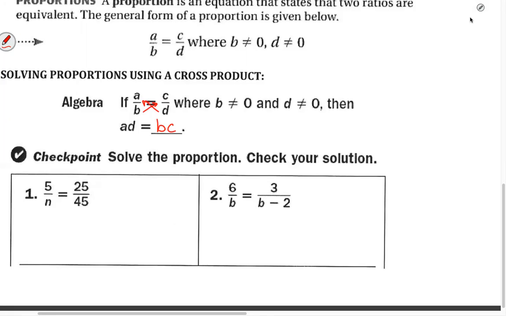So here's how we do it. N times 25, 25N, equals 5 times 45. Do you see what's happening?